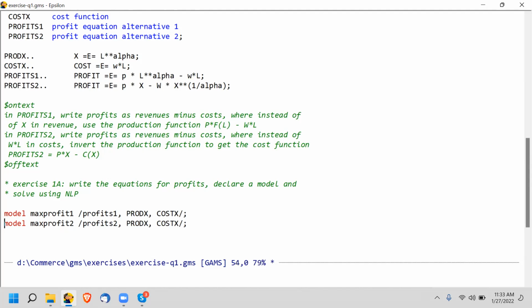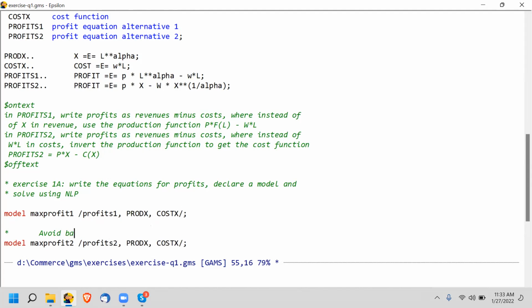Now I'm going to say avoid bad function calls by initializing within the function and installing bounds.